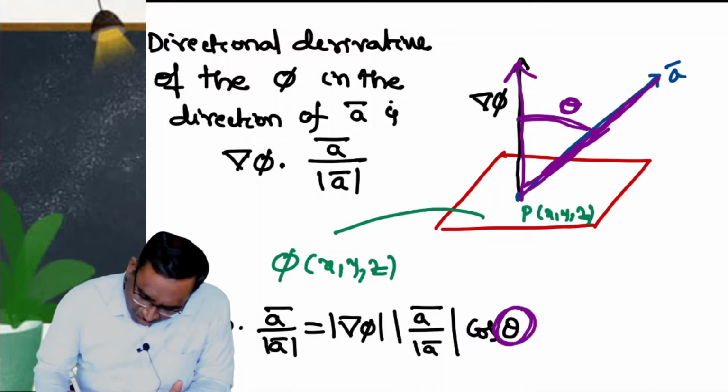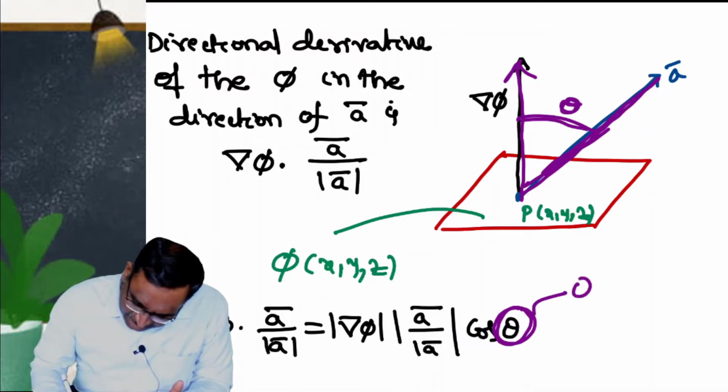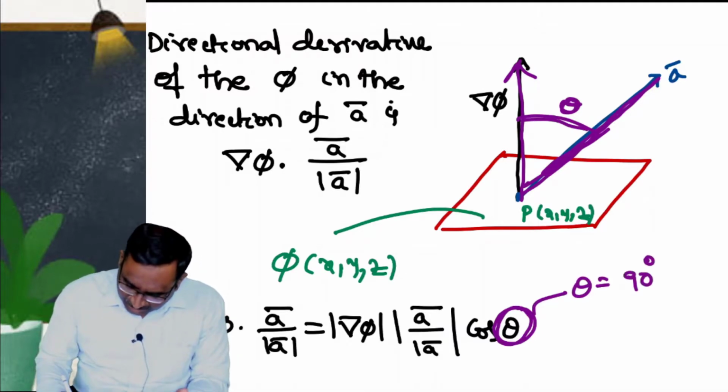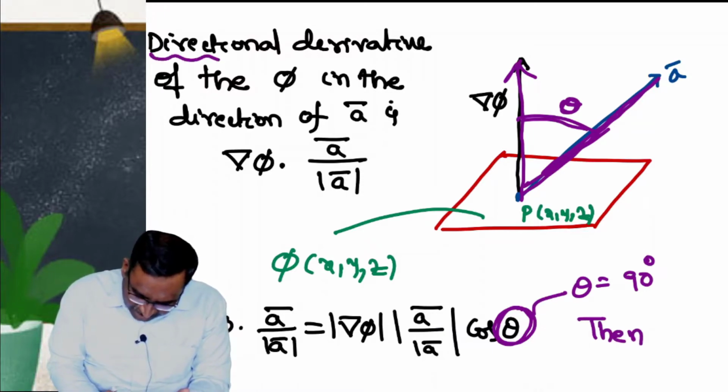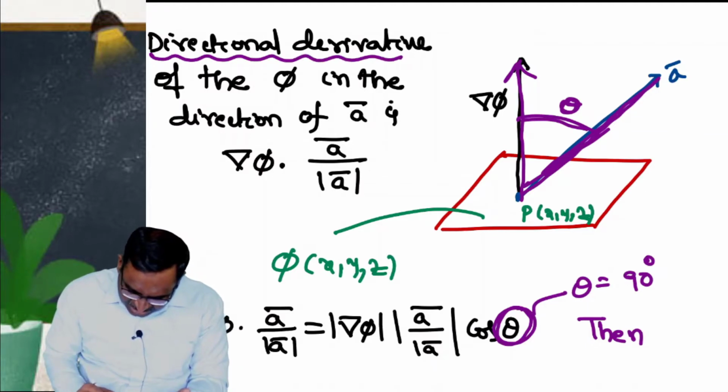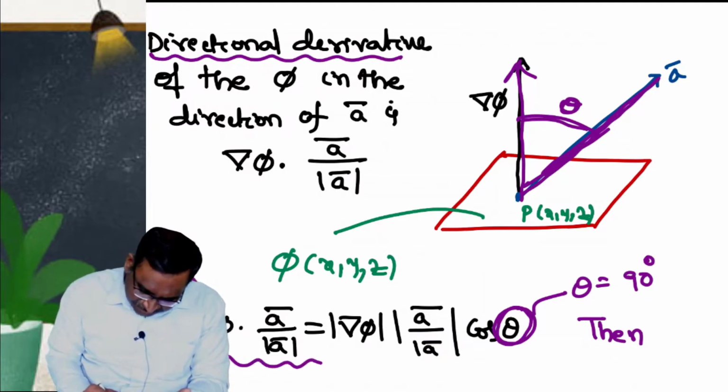So therefore, when theta becomes 90, it is maximum. What is the maximum? The directional derivative. This is the directional derivative.